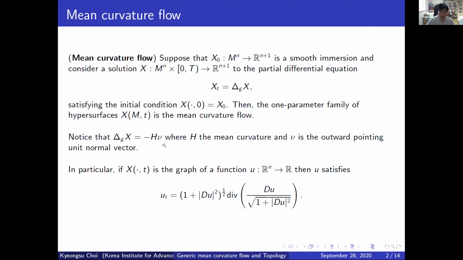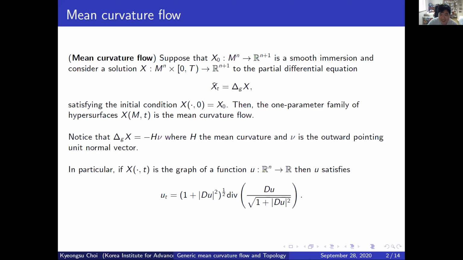So negative nu means it's inward pointing, and H is the mean curvature. So this flow moves inward when the surface is convex, with the speed of the mean curvature. So we call this a mean curvature flow.